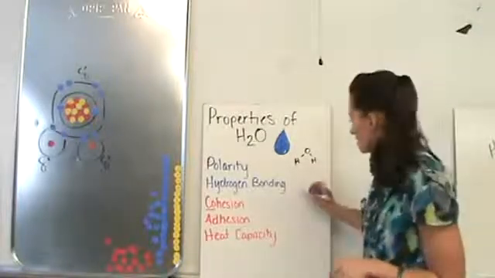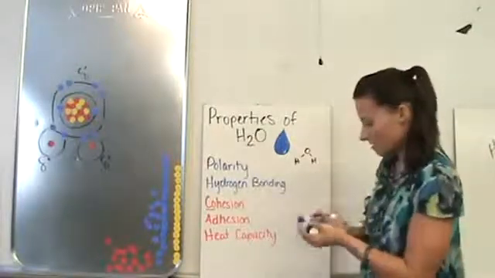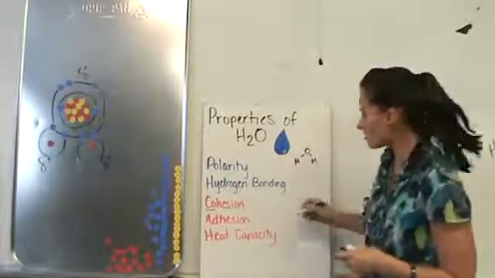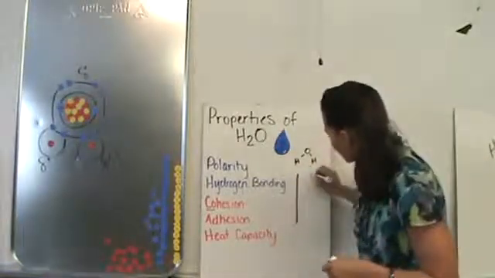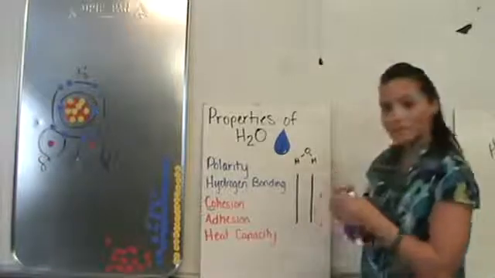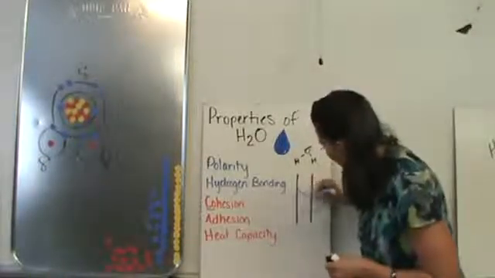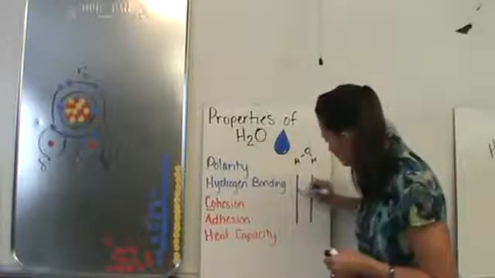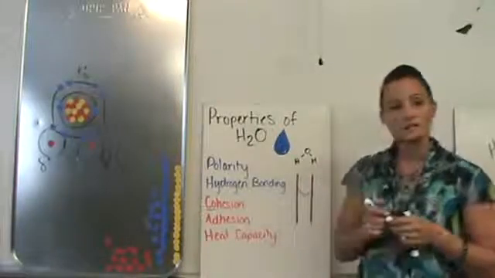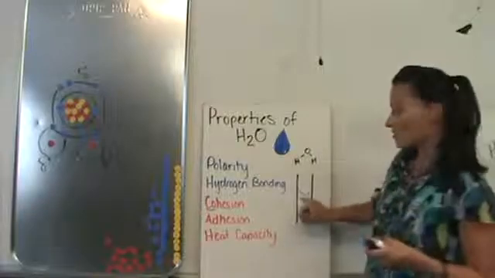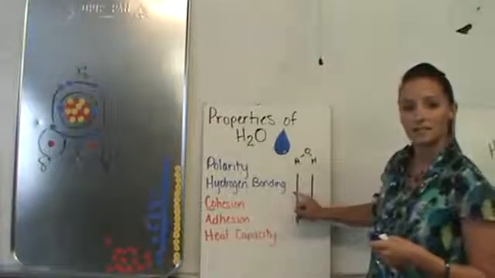Many of you have seen the meniscus that's formed in a graduated cylinder. Okay? In a graduated cylinder, the water looks like it's climbing up the sides of the graduated cylinder. And this is because the water likes to stick to the glass. Okay?